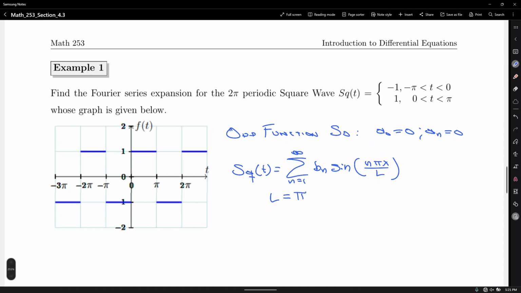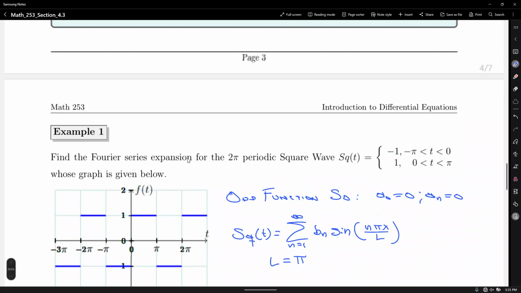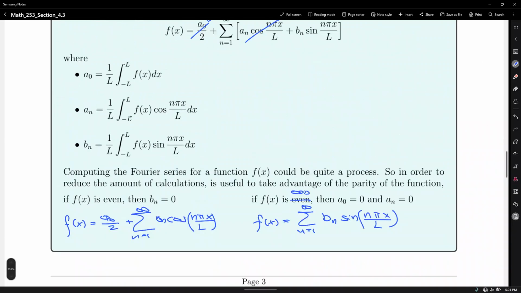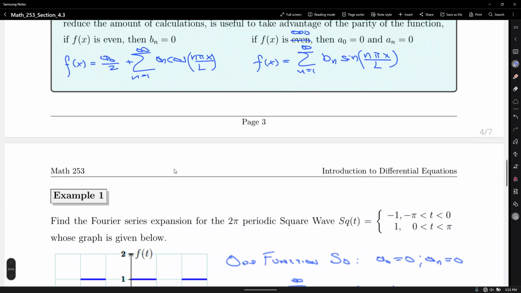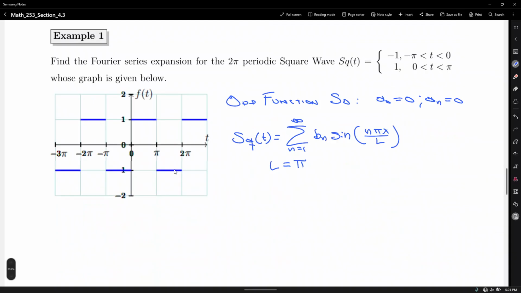L is not a period, guys. L is actually the semi-period, if you will, because we're evaluating these integrals between negative L and positive L. So whatever period, the value that it takes for the graph to repeat itself, always divided by 2. So that's going to be L equals pi.